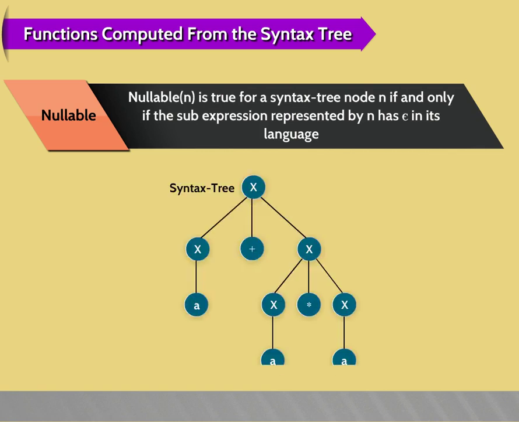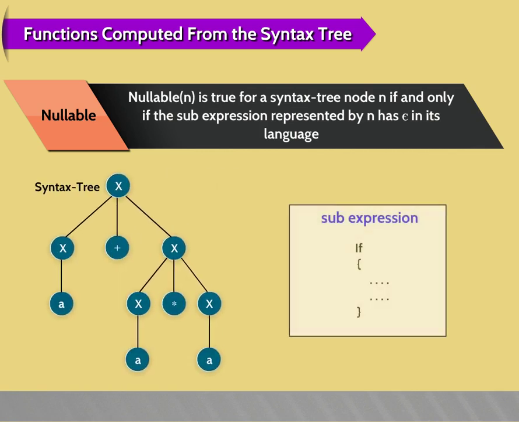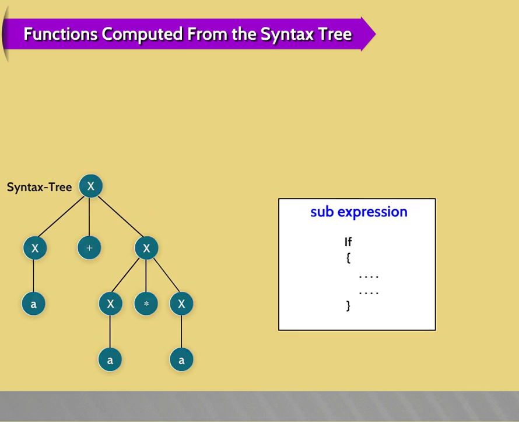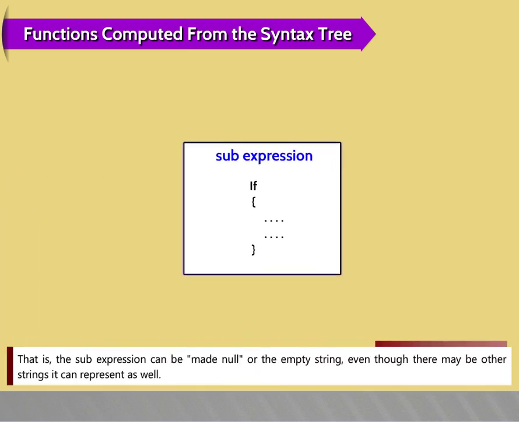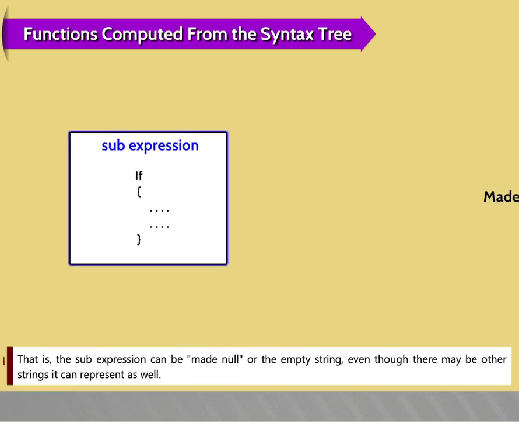Nullable of n is true for a syntax tree node n if and only if the sub-expression represented by n has epsilon in its language. That is, the sub-expression can be made null or the empty string, even though there may be other strings it can represent as well.